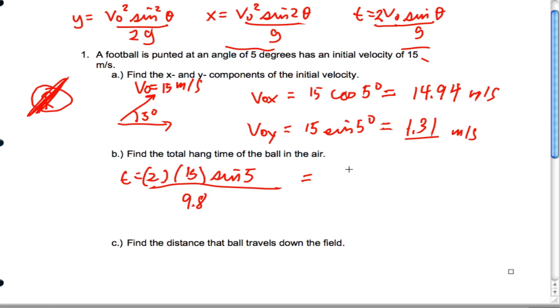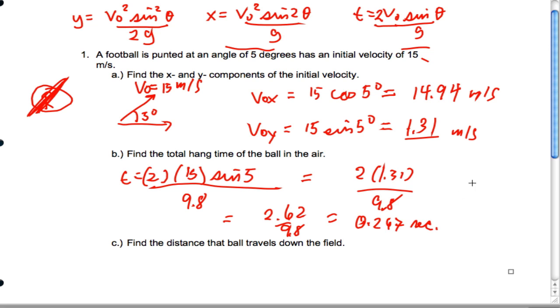So we're going to say 2 times 1.31, plugging in from here, divided by 9.8. This is 2.62 divided by 9.8, and we end up getting a time of 0.267 seconds total.